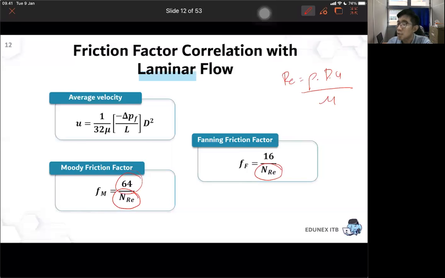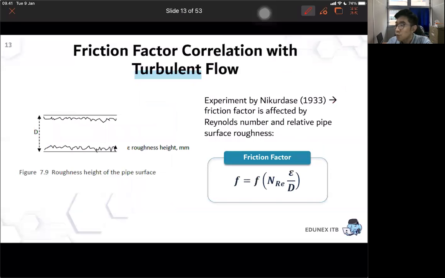Okay, how about the turbulent flow? For turbulent flow, besides the Reynolds number, the friction factor will also be a function of relative surface roughness. Epsilon is the inner roughness of the pipe, and D is the inner diameter.